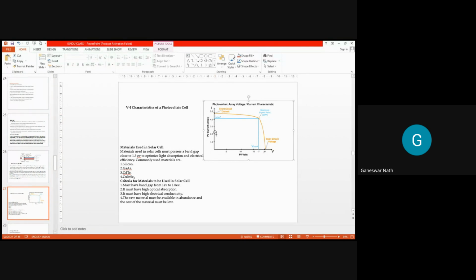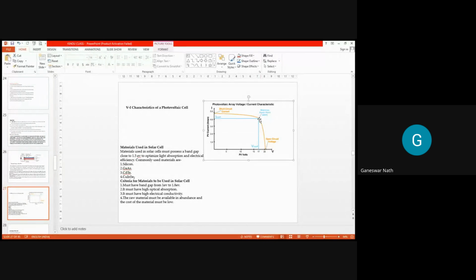When you increase the voltage, the cell gets highly energized and there is more flow of electron holes, for which you get the maximum value of current. This gives the maximum power output, because power P is equal to VI.